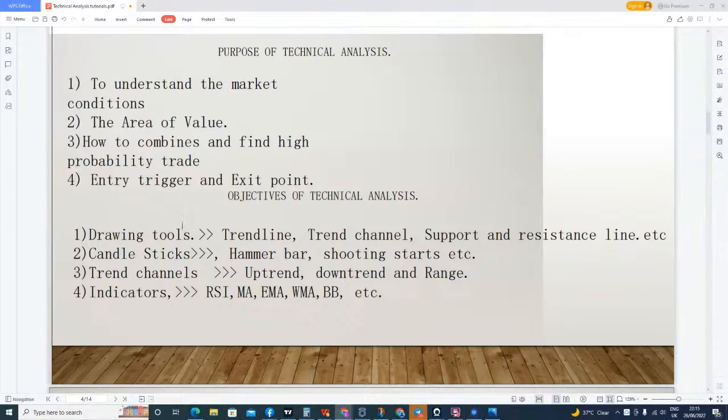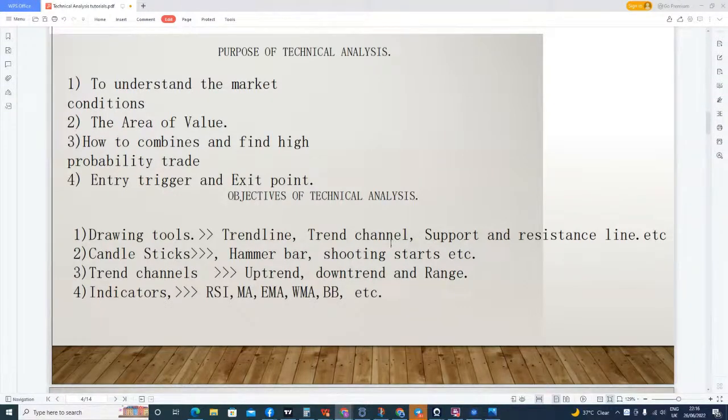When we talk about drawing tools, this is another side in its own when it comes to technical analysis. We have trend lines, trend channels, support and resistance lines, etc. This part is called drawing tools.